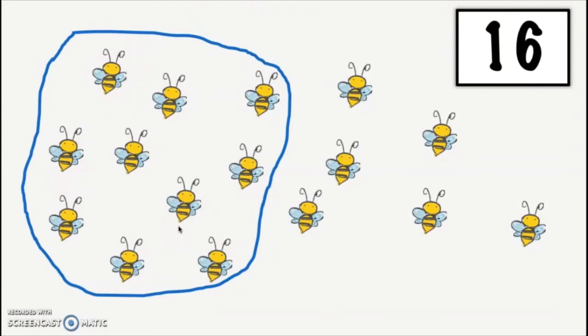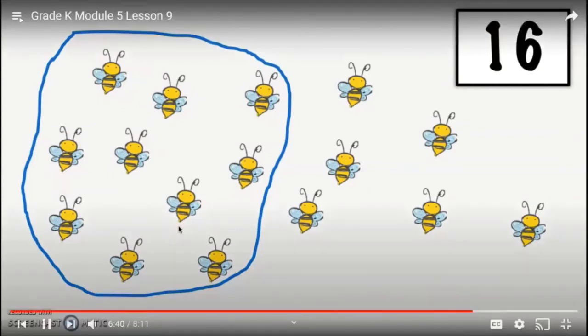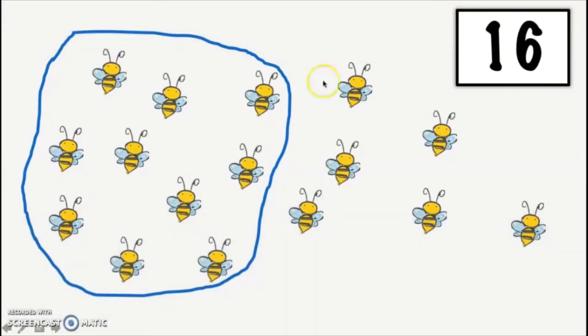Okay, so who can tell me, looking at your picture and looking at my picture, why is circling 10 helpful when we draw a random picture to model a team number? Yeah, because it shows the group of 10. Remember, 16 is 10, 6. 1, 2, 3, 4, 5, 6.